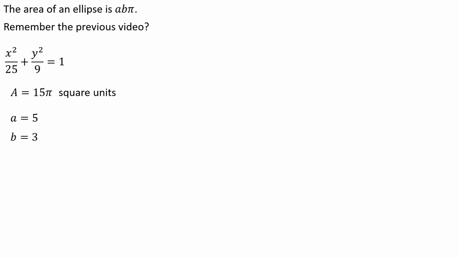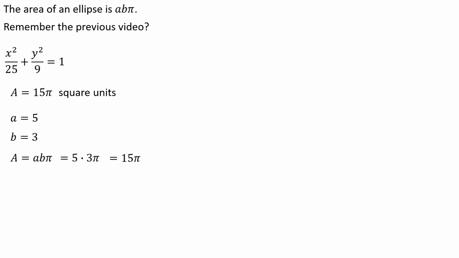If I look at that 9, I'm thinking, well, 3 times 3 is 9. Right? It's actually x squared over 5 squared, and it's y squared over 3 squared. Well, area is supposed to be a times b times pi. 5 times 3 times pi. 15 pi, indeed, we found 15 pi square units. So that is the area of an ellipse. A times b times pi.